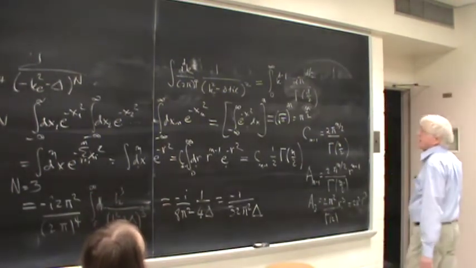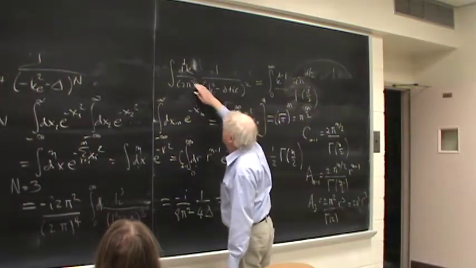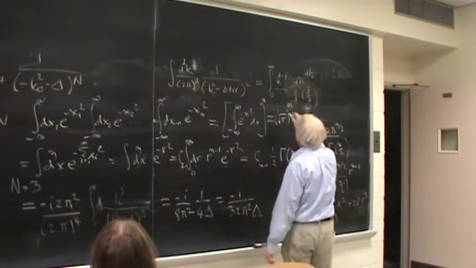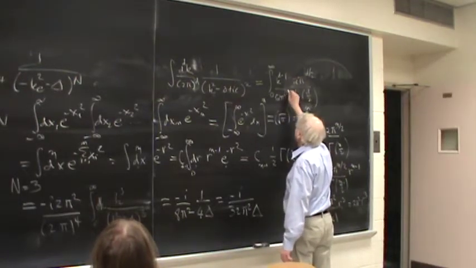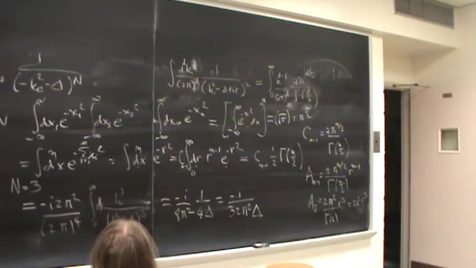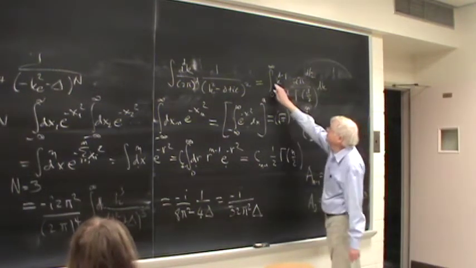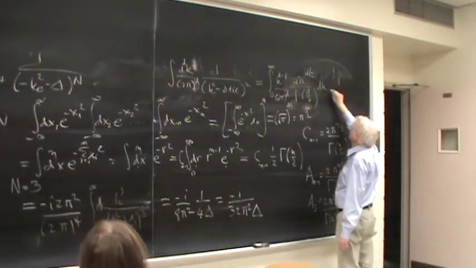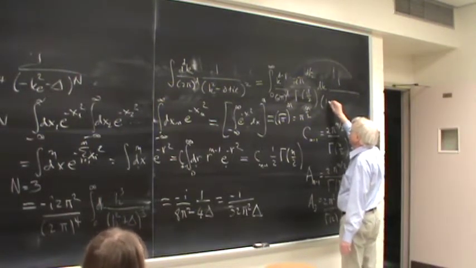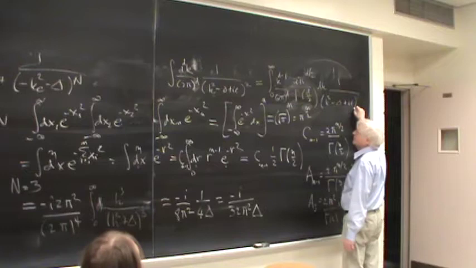And we also have, oh, it's not 2 pi to the 4th, it's 2 pi to the d. So we've got that part, and of course dk, which I should have written there, but there's no room. And then we have 1 over k squared minus delta plus i epsilon squared.